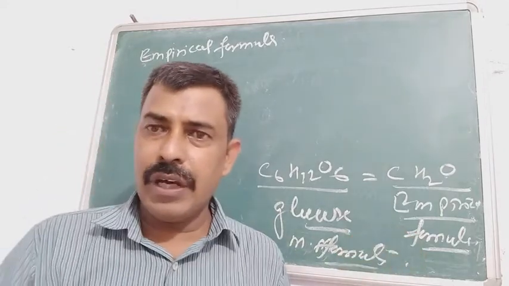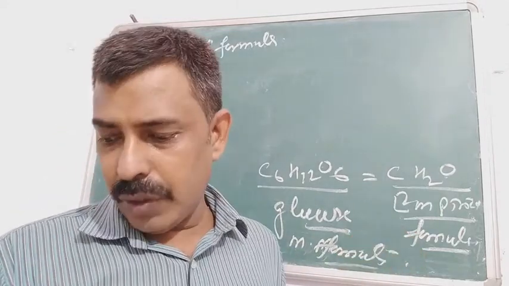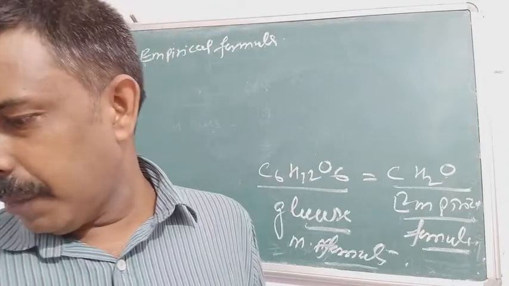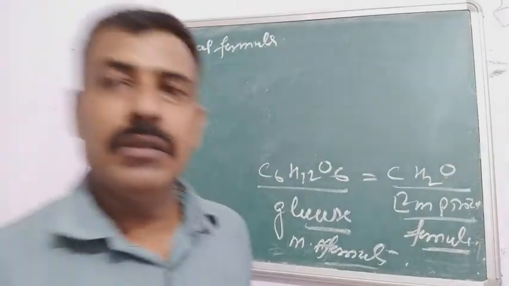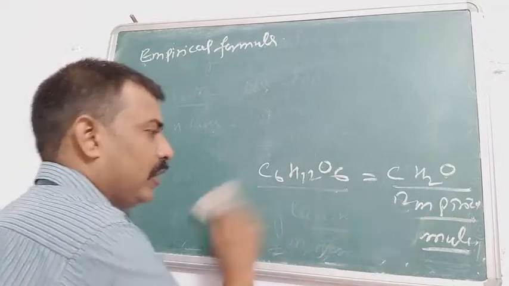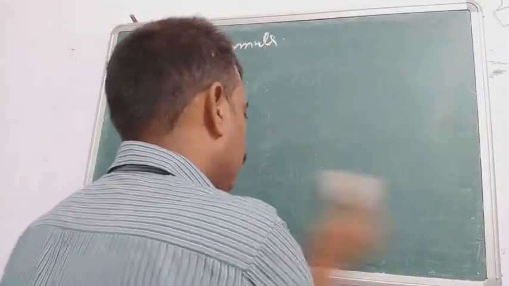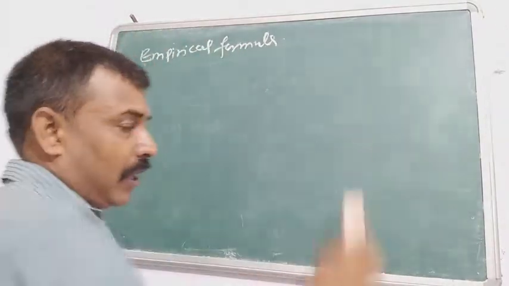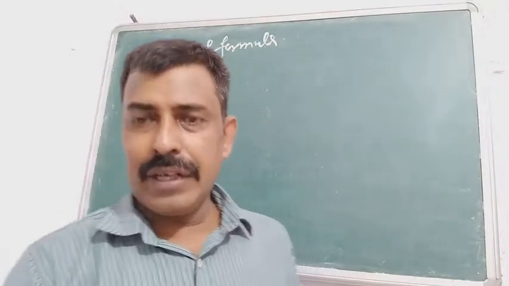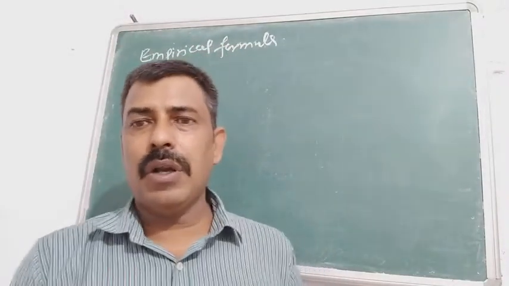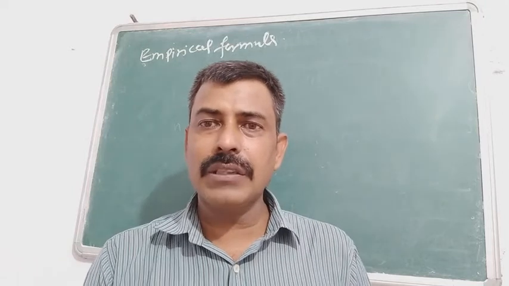So here we are trying to find the molecular formula of any species by knowing its percentage composition. On the basis of percentage composition, we get the empirical formula, and afterward we get the molecular formula on the basis of the molecular mass.